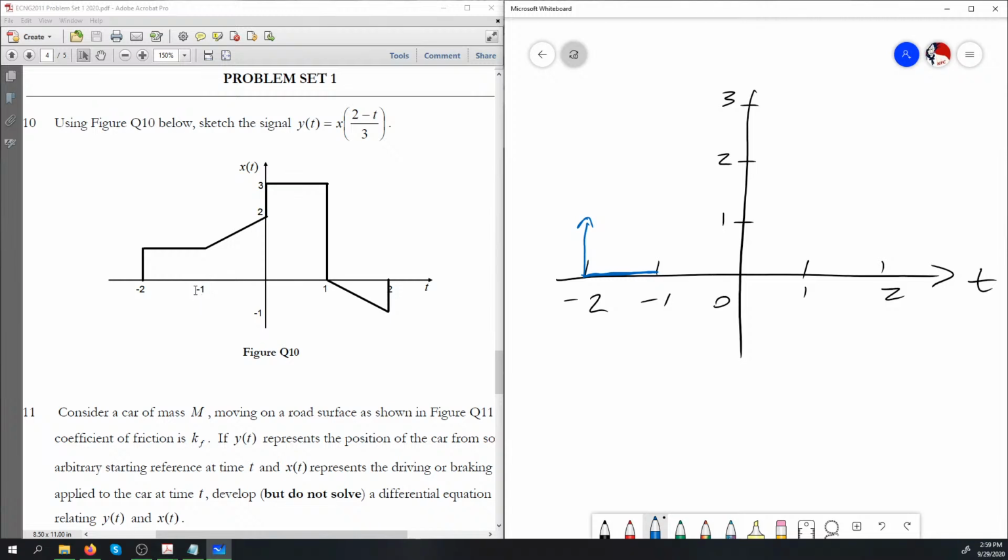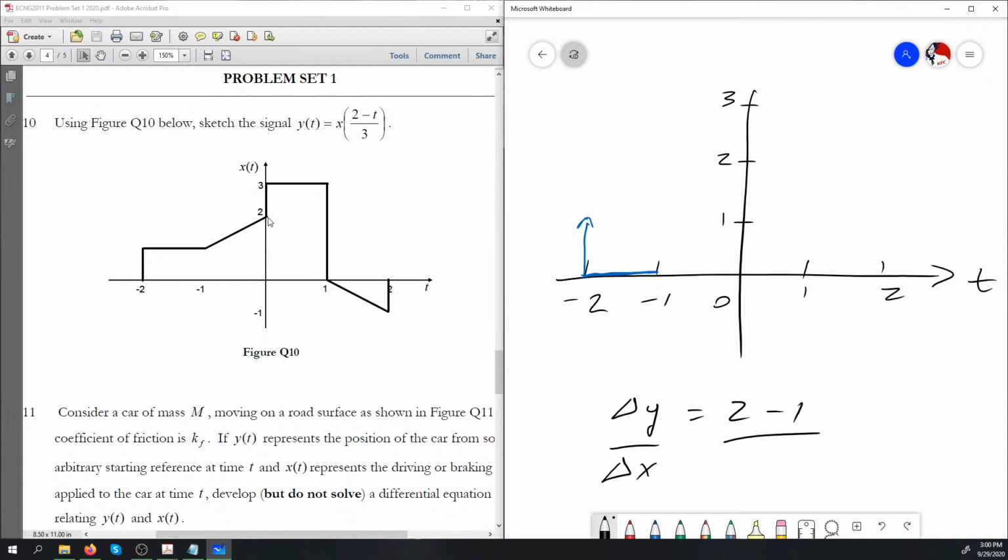In between t equals -1 and t equals 0, we have a gradient line here. The differential of this line will give us the resultant gradient. So we need to figure out what the gradient of this line is in order to figure out how to draw our differential. We can see here that the change in y is from 1 to 2, a positive change because it's rising upwards. So delta y is 2 minus 1.